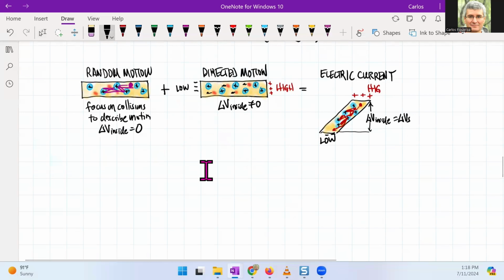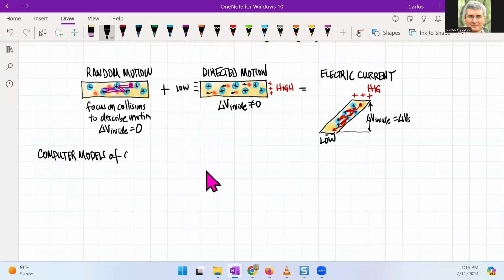To emphasize this, there are computer Monte Carlo simulation models of current flow inside real conductors.